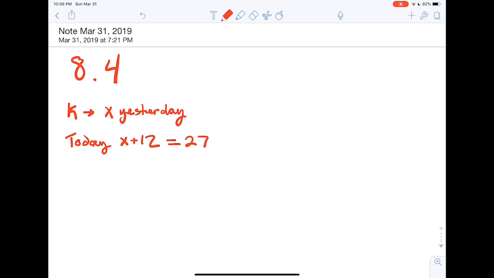They said, today his father gave him 12 more stamps. Here's that first part. And then it said, now he has 27 stamps. That's why we can put an equal sign between these two things, because it told us he has X plus 12, and then it told us he has 27. So our equation is going to be X plus 12 equals 27.